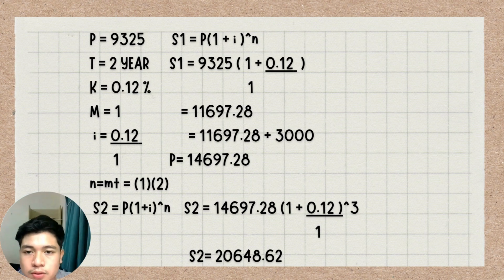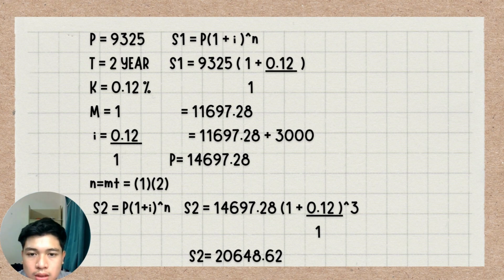P equal to 9,325, T equal to 2 years, K equal to 0.12, M equal to 1, I equal to 0.12 over 1, N equal to M times T, 1 times 2. I'm using the formula S1 equal to P open bracket 1 plus I close bracket to the power of N. S1 equal to 9,325 open bracket 1 plus 0.12 over 1.